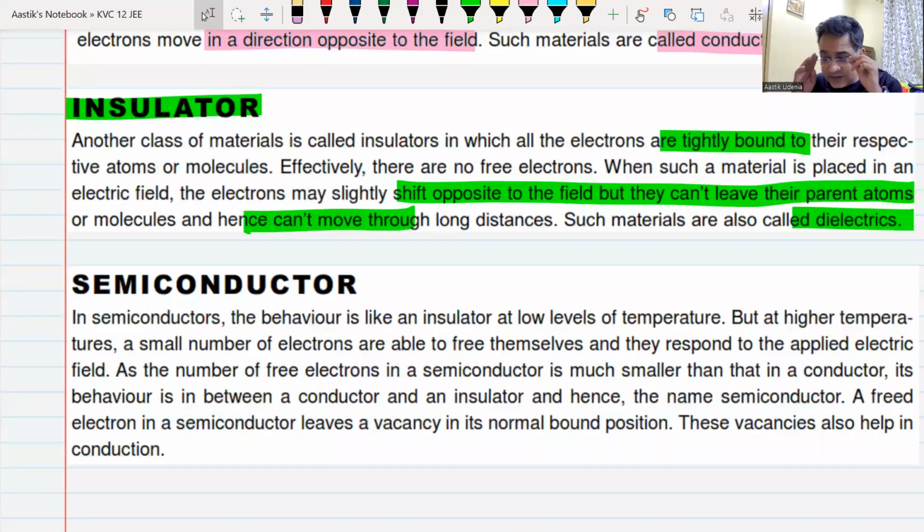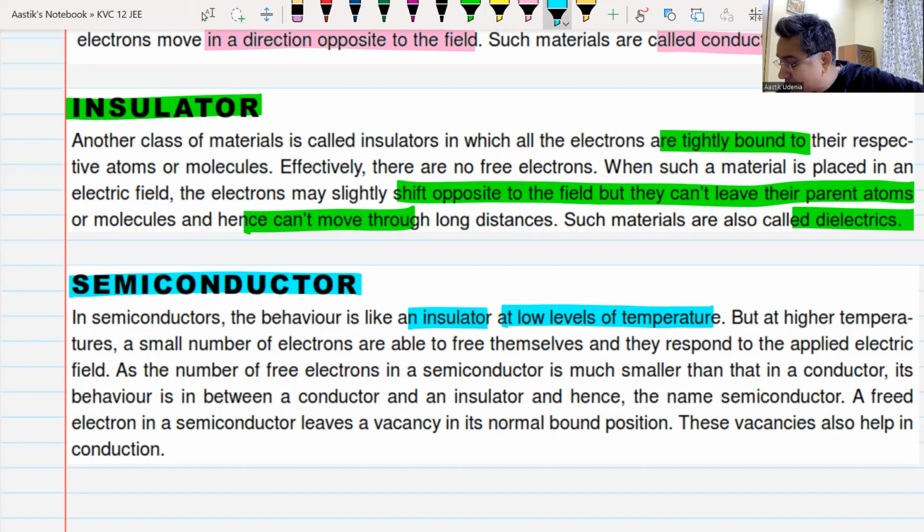Okay, then we have to move forward. The third type of things are semiconductors. We will get to that part later. Semiconductors lie between insulators and conductors. At low temperature, they are insulators. As the temperature is increased, they start to behave like conductors.